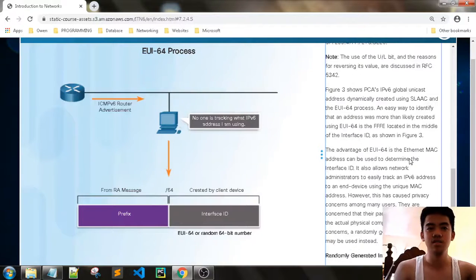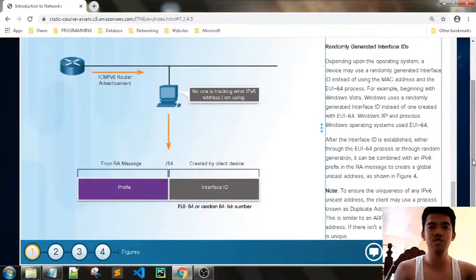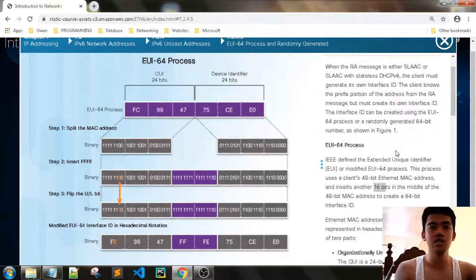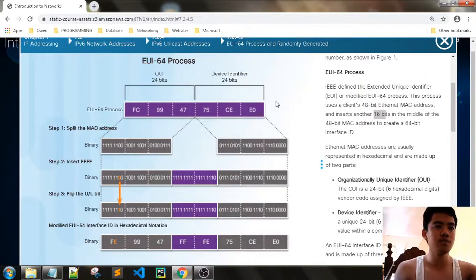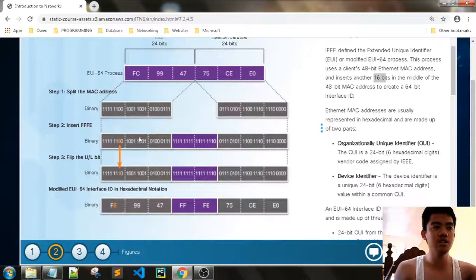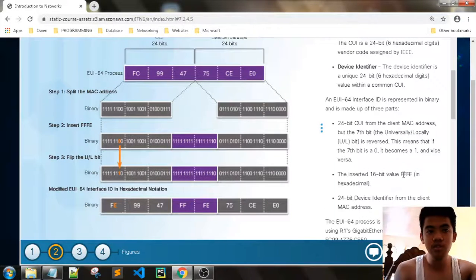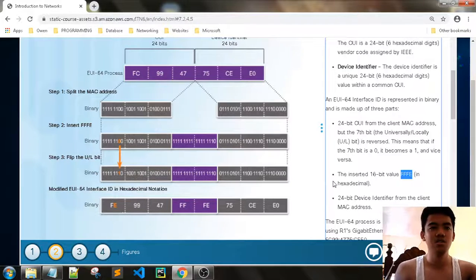We can also have a randomly generated interface ID. This is the EUI-64 process for generating the interface ID. First, take the MAC address of the device, split it, convert it into binary, and then insert the FFFE. I think this is the default.